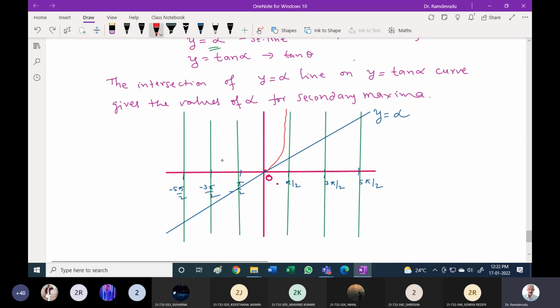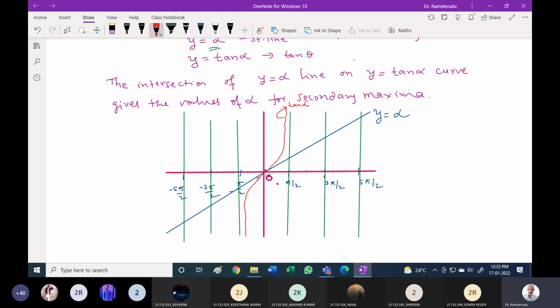If I draw from here, slowly I get here, and it becomes infinity here. So the y equals alpha line and the tan alpha curve are now meeting at 0, that is one point.